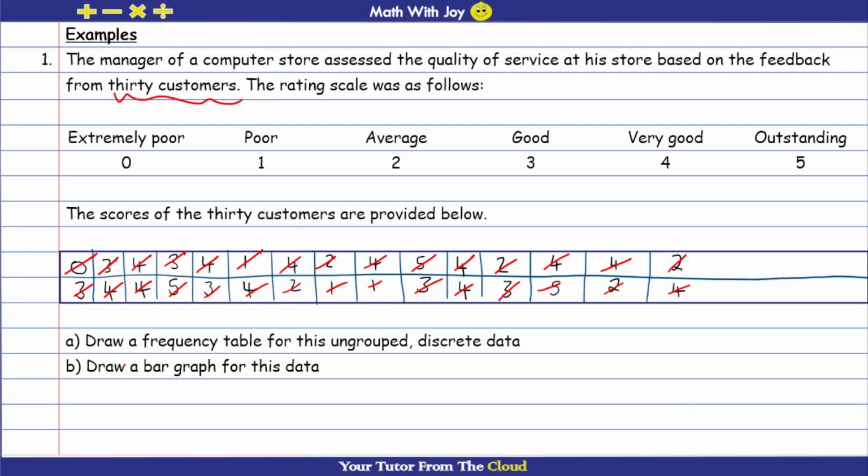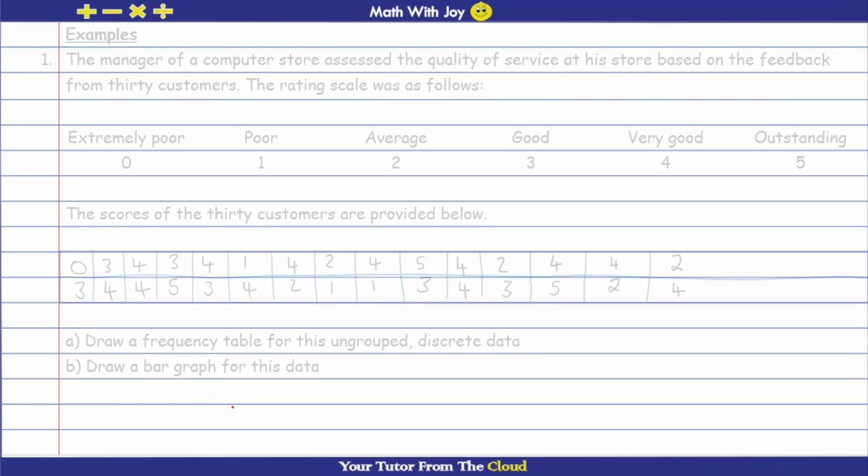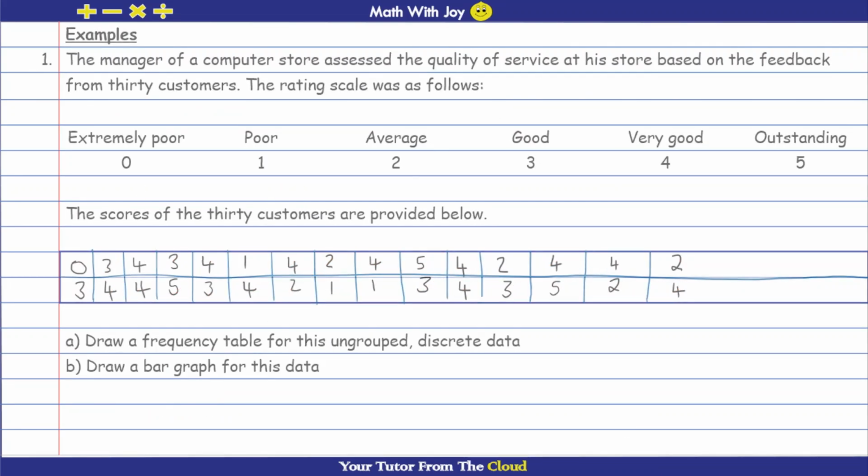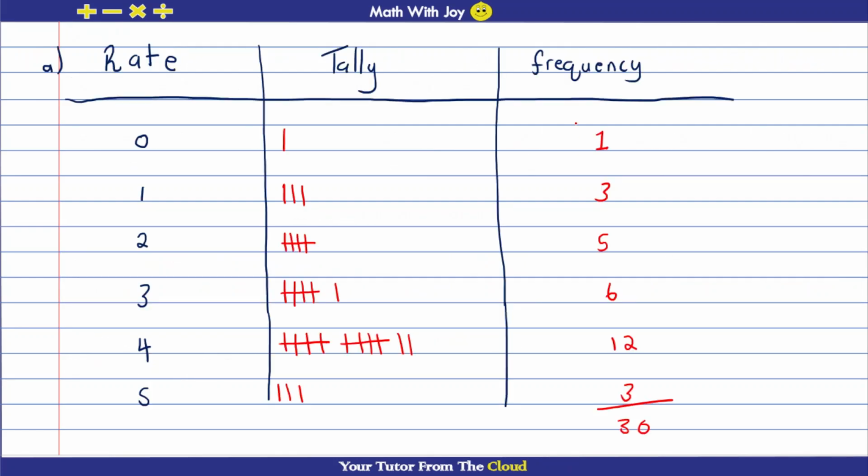Now let's try out a bar graph, a frequency bar graph for this data. So we use this frequency that we have right here. We're going to plot the rate against the frequency.